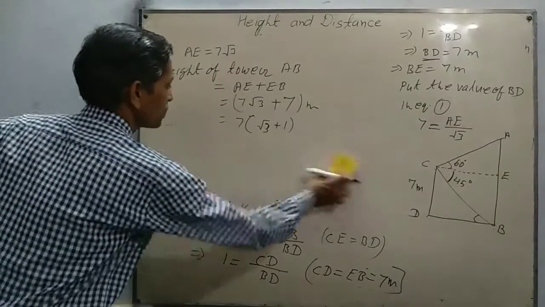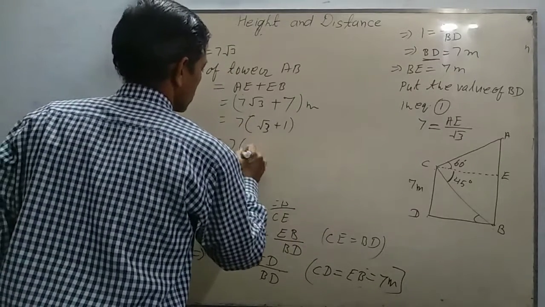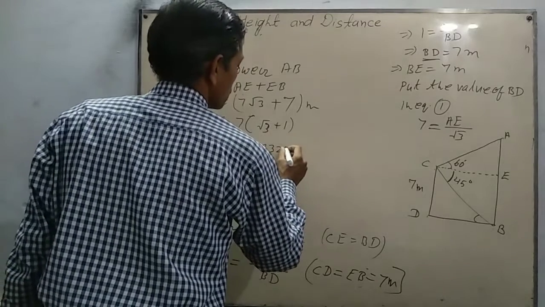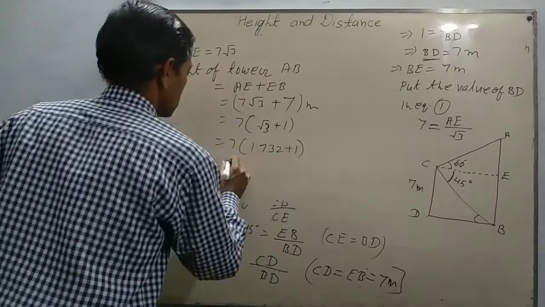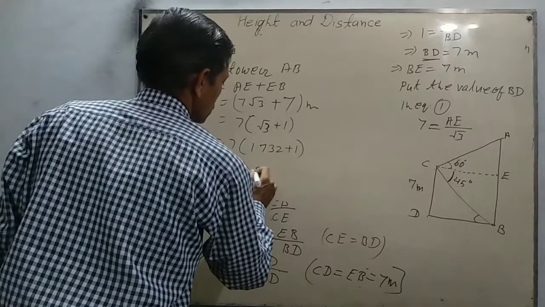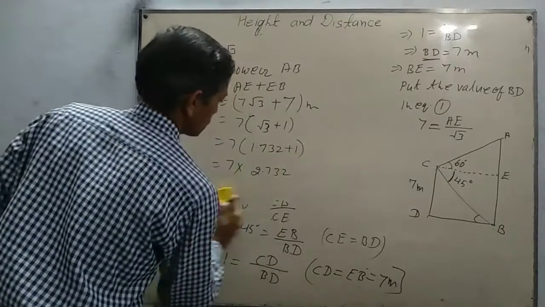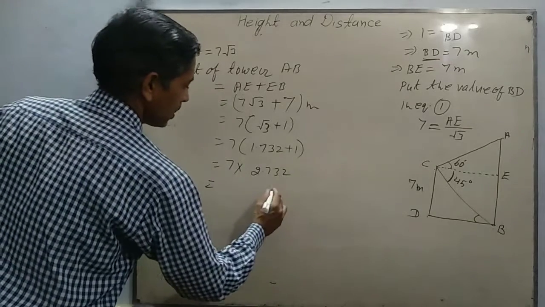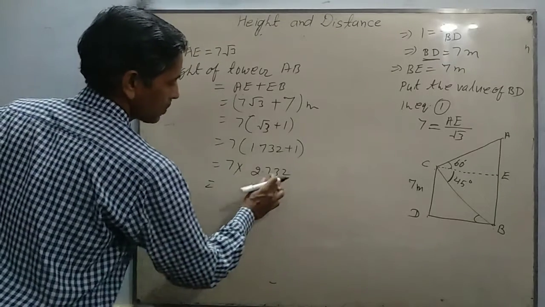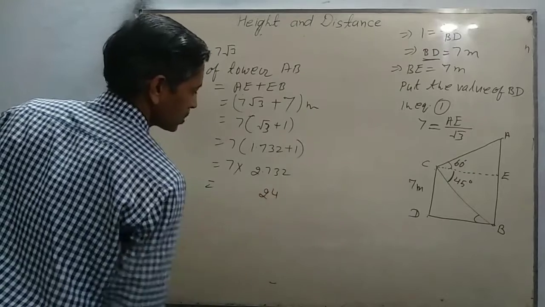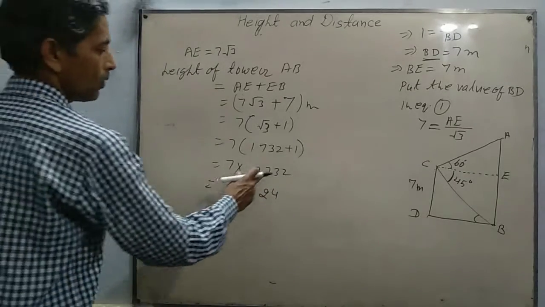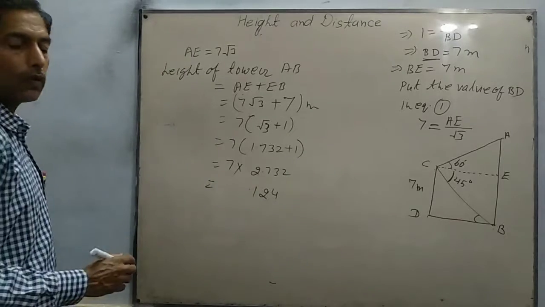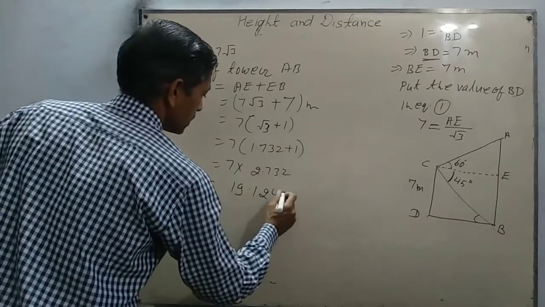Root 3 is equal to 1.732, plus 1. 7 into 2.732. 7 2s are 14, 7 3s are 21, 21 and 1 is 22, 7 7s are 49, 49 and 2, 51, 7 2s are 14, 14 and 5, 19.